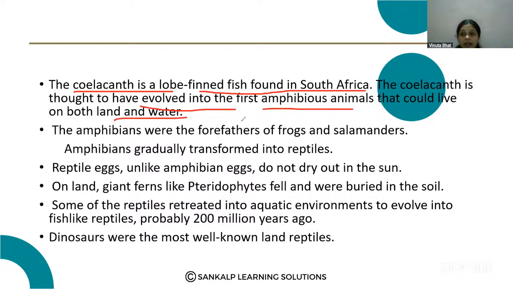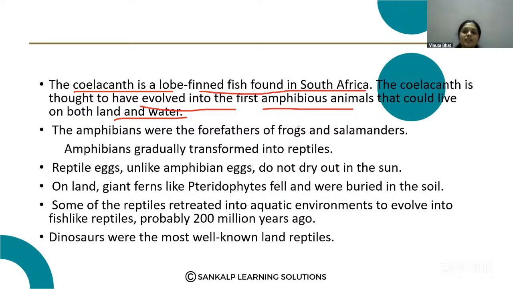They thought that this fish, the first lobed fish, was able to evolve into the amphibians. So the coelacanth evolved into the first amphibious animals that could live on both land and water.